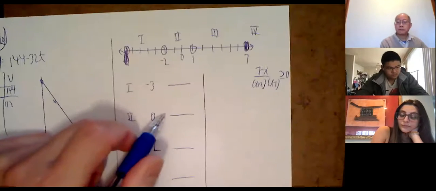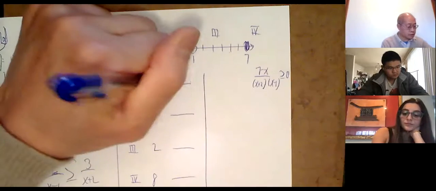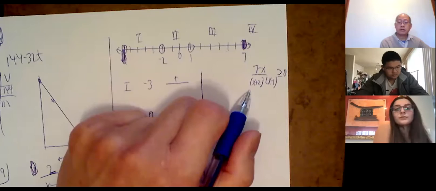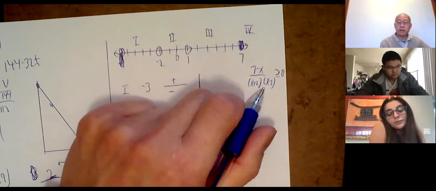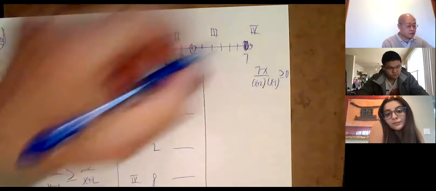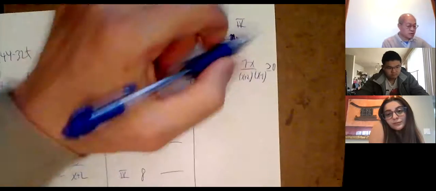Okay. So negative 3, 7 minus a negative 3 is positive. Negative 3 plus 2 is a negative. Negative 3 minus 1 is a negative. So two negatives makes a positive. Positive greater than or equal to 0, that's true.